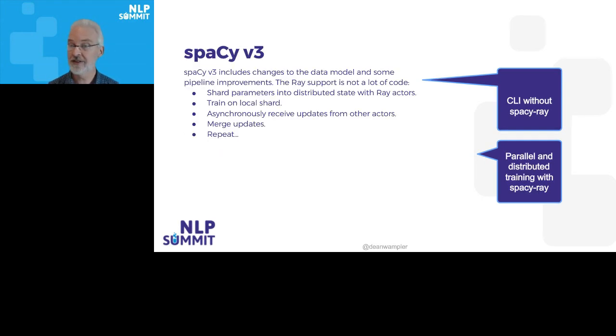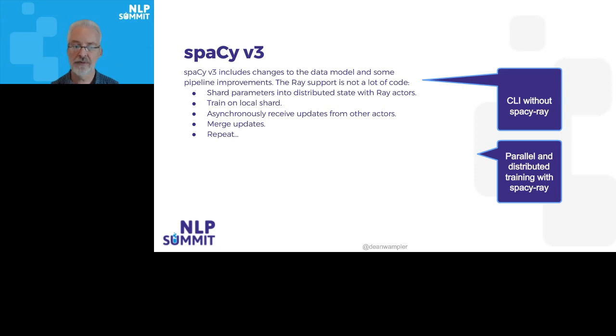Like I said, the source code actually isn't very big. It's a good reflection, I think, of the code quality in both spaCy and Ray. Mostly what it's doing is adding logic in the form of Ray actors and so forth to handle sharded parameters over a distributed cluster, where each of these actors will train on whatever shard it has locally for these parameters.